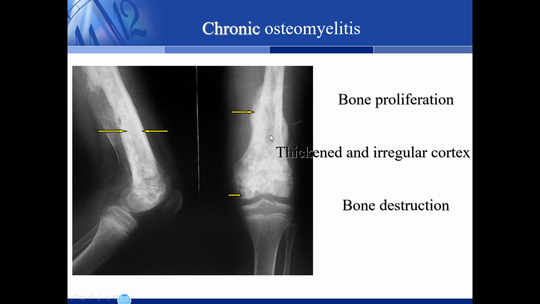And in the bone we can find the bone destruction, and the thickened and irregular cortex. So here is the bone destruction, and we call it chronic osteomyelitis.